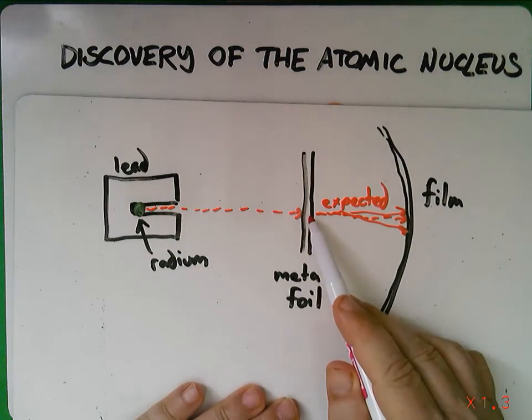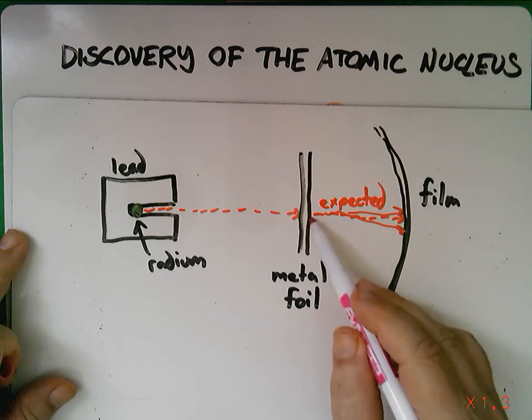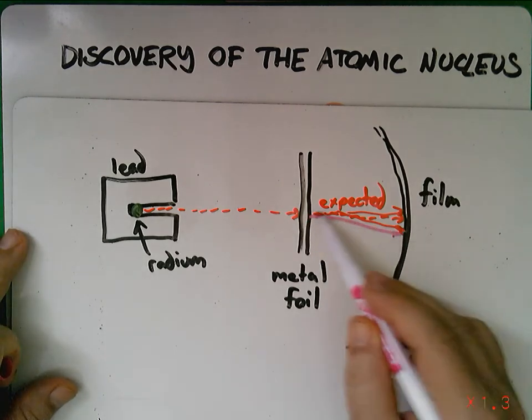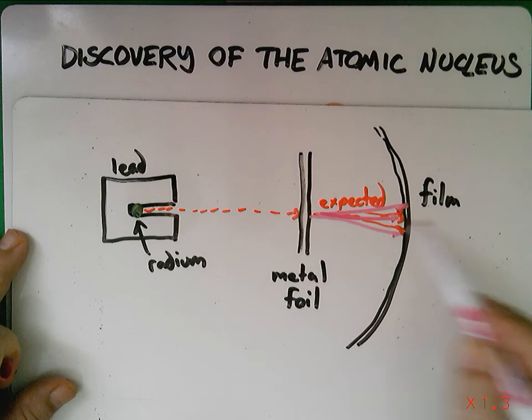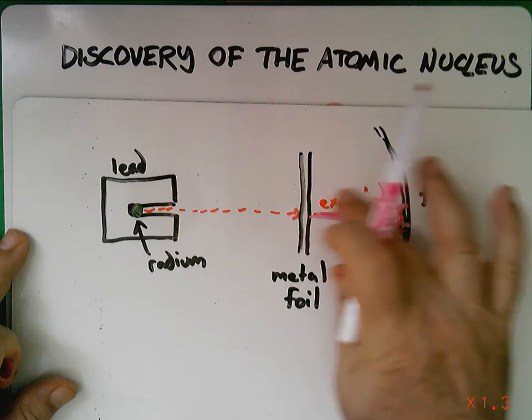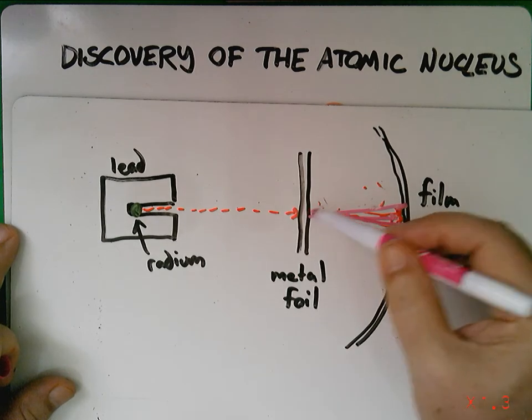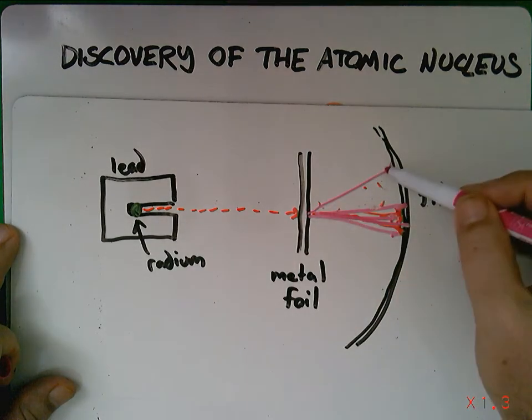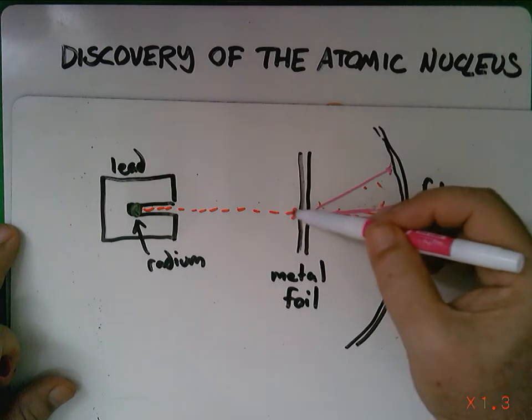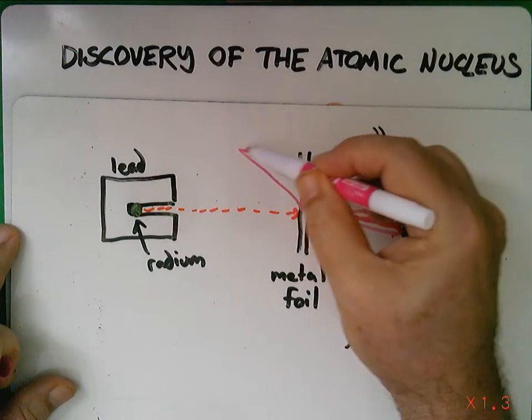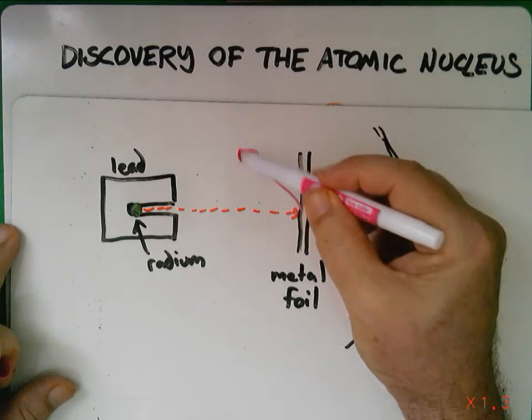The alpha particle beam hit the metal foil, and just like expected, most of the beam went through. But there were occasional wild deflections, and some even bounced back like that.